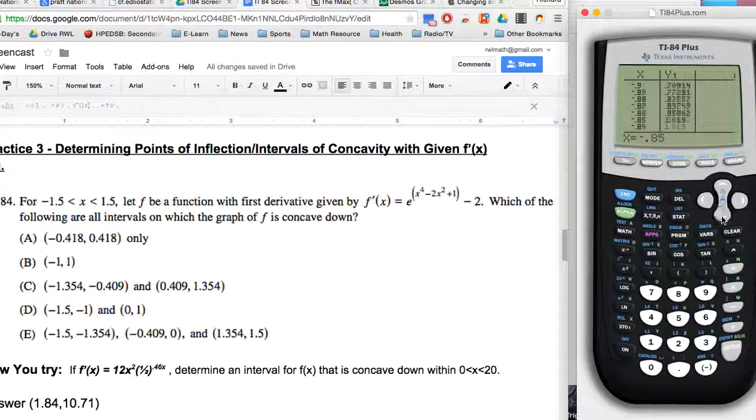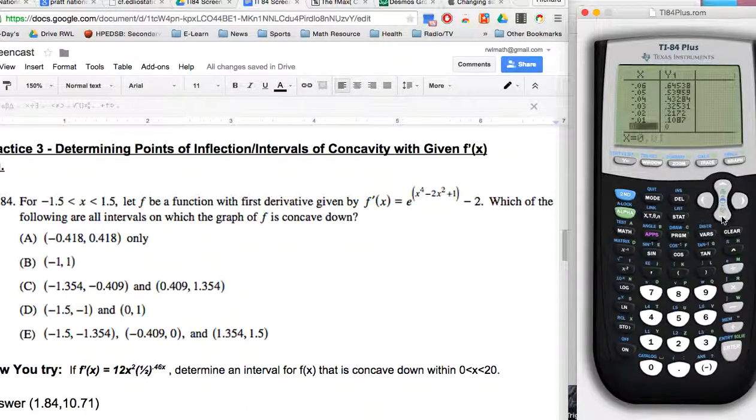So it's concave up still. And let's see what happens when we get to 0. I probably could have gone to 0.1. It wouldn't have taken as long with 0.1 instead of 0.01. So still positive, so it's still concave up.